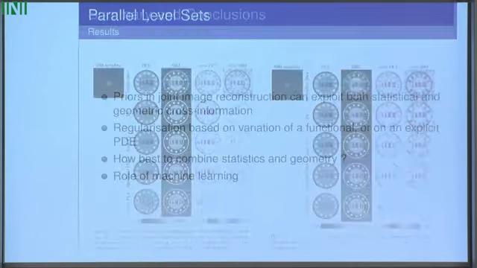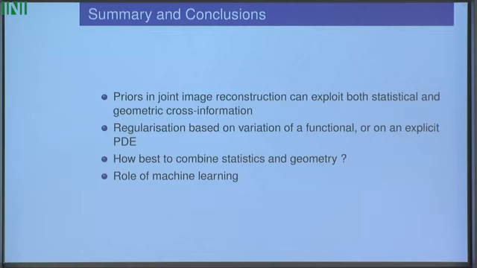Okay, so summary, we can define joint reconstruction based on statistics or geometric cross information. We can define it in a variational form or just as a PDE, which is not a variation of a functional. And the remaining question is how best to combine the statistics and the geometry.